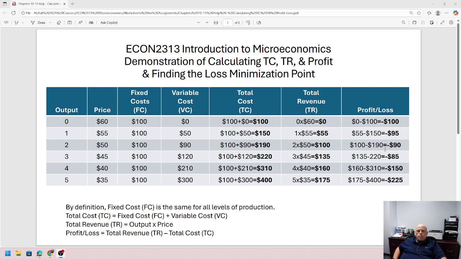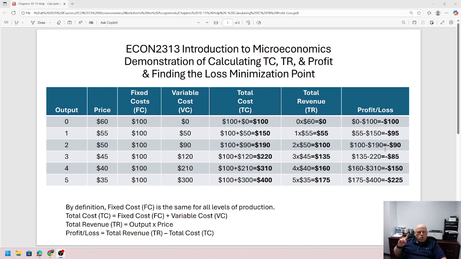Okay. Now, you'll notice throughout all units of output, in the example we're looking at, we have a loss at all units of production. Now, you might look at that and say, well, we shouldn't produce anything because we're going to lose money at all rates of production.